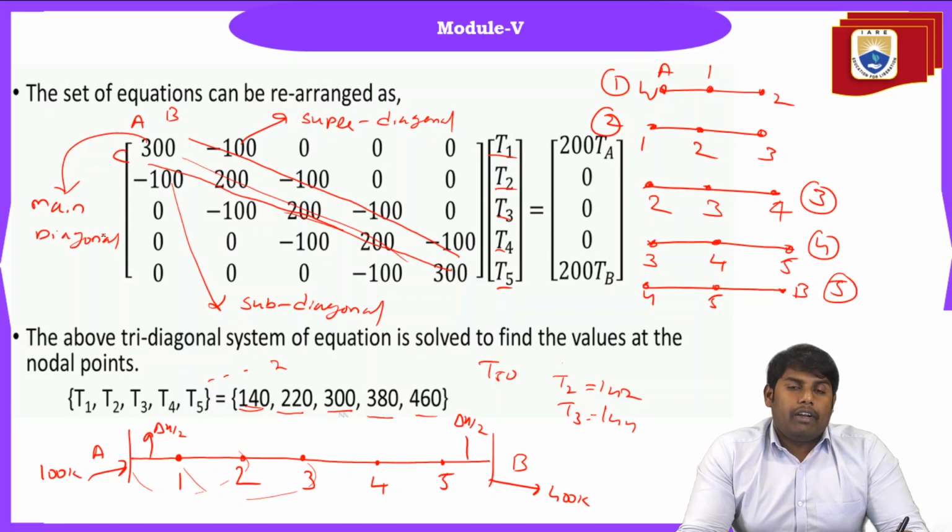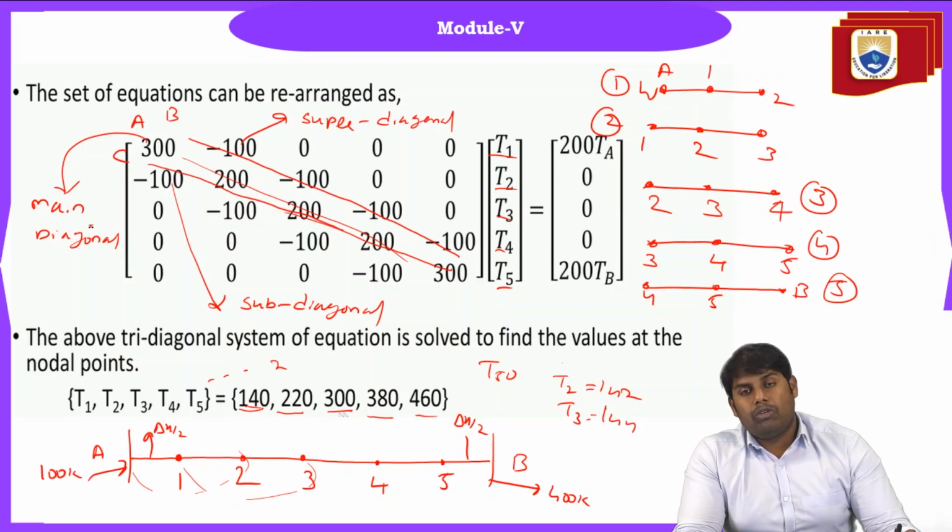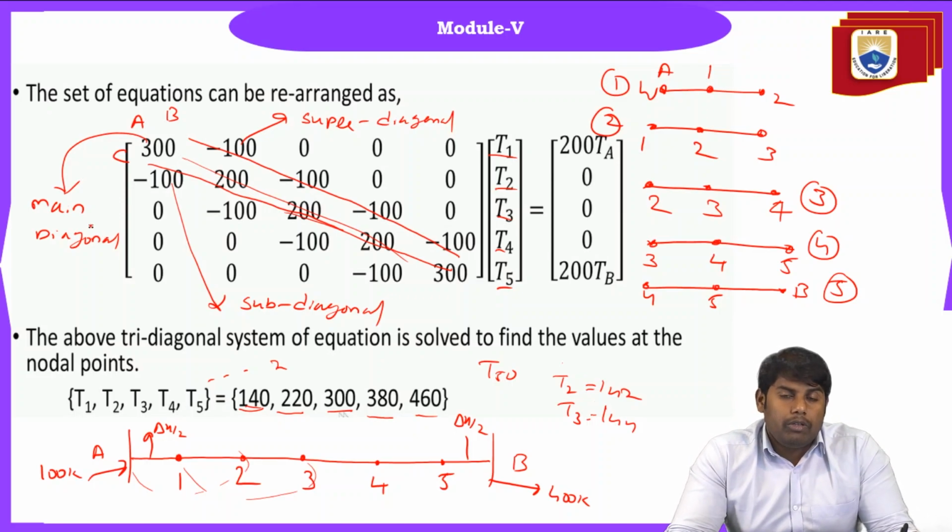We divided it into 5 elements, and when we applied aP TP equals aW TW plus aE TE as the equation terminology for the interior nodes, which are 2, 3, 4.